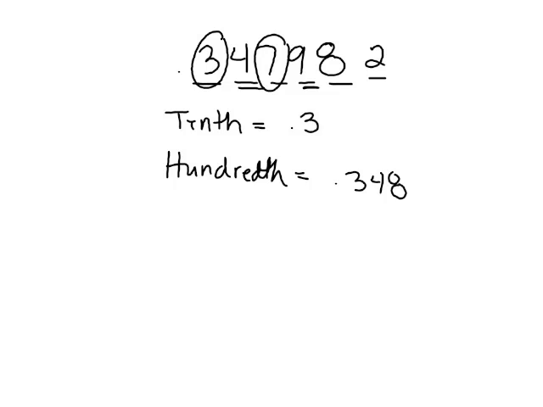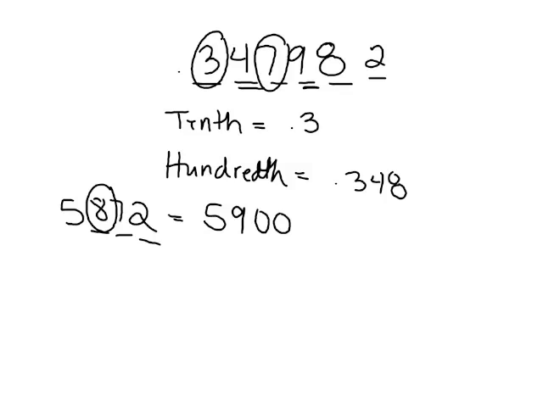So in your handout, you've got 5,872. Round that to the nearest 100. So where's our hundreds? We have ones, tens, hundreds. So here's the one we need to round. Do we round up or down? Up. So our nearest 100 is 5,900.